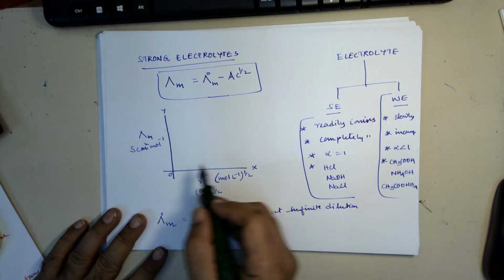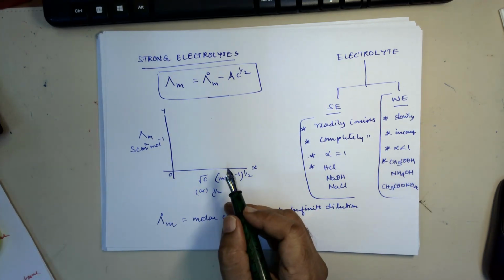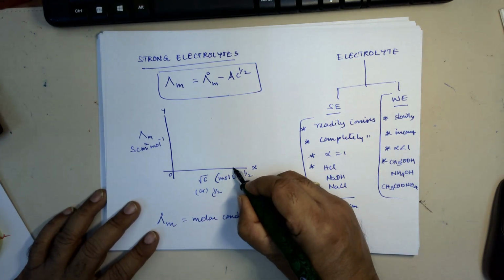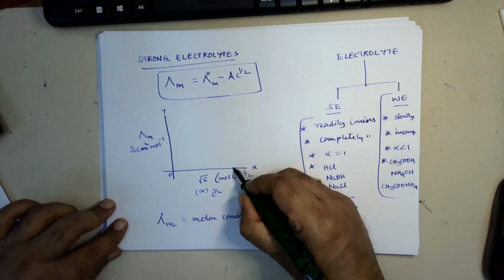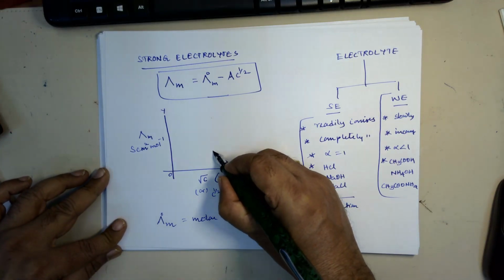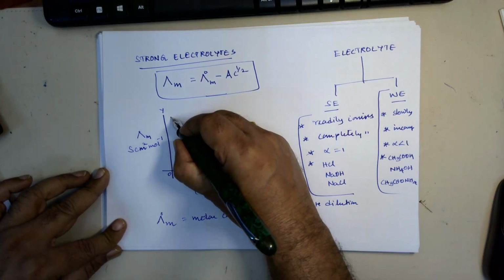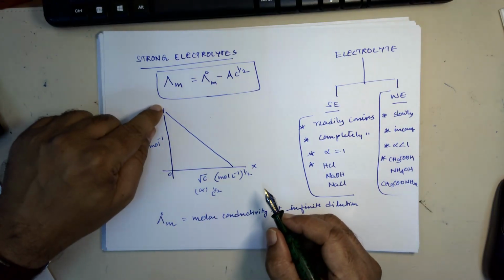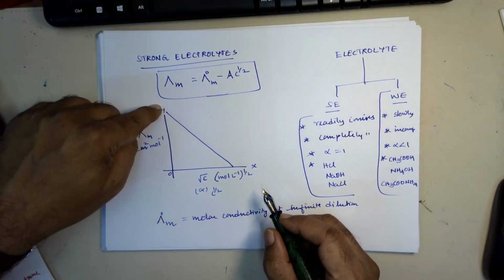So towards the left, I am increasing the dilution, in the opposite sense. So when I decrease the concentration, the conductivity goes up like this. It increases, right?